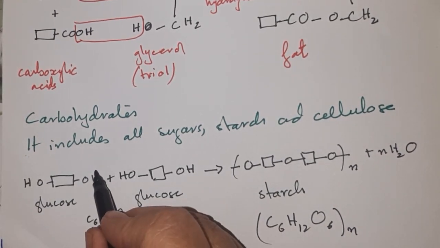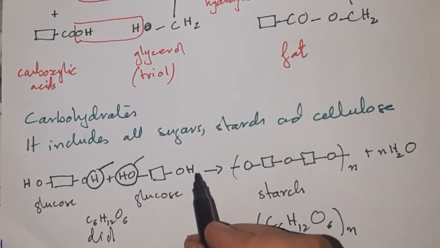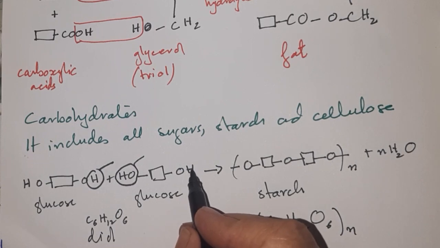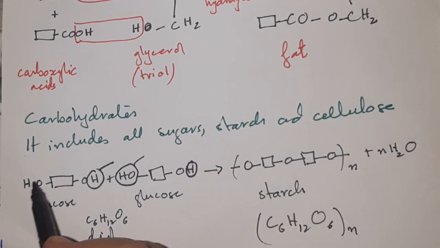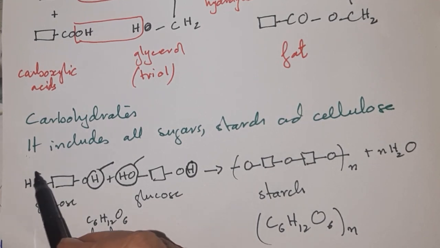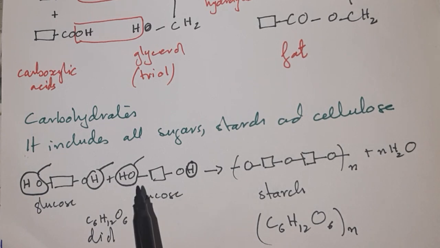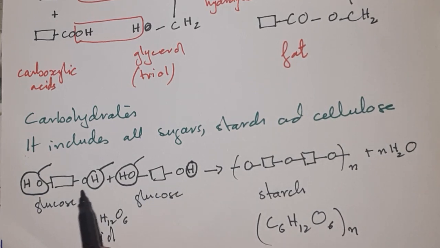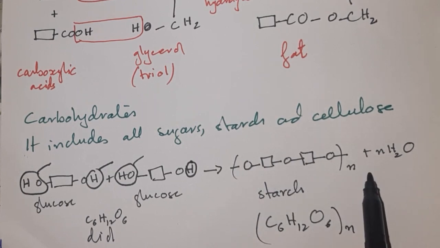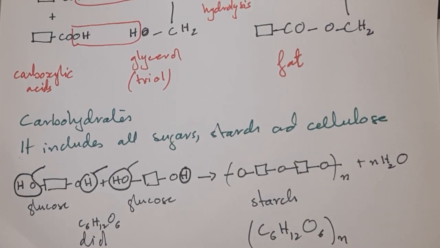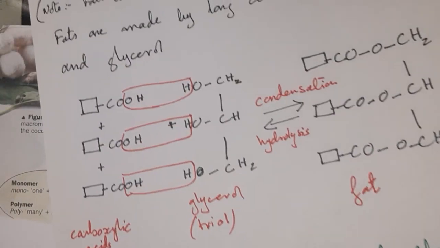If I eliminate H from here and OH from here, and H from here and OH from here, so a water molecule and a water molecule, what is left behind is this O and this O over here. So the starch molecule formula, a polymer, becomes like this, with the removal of water molecules.